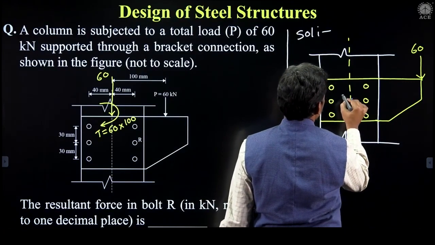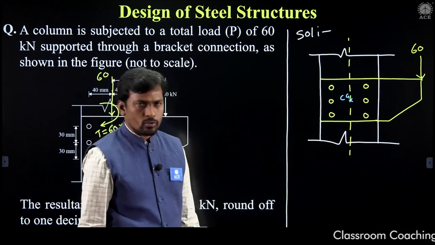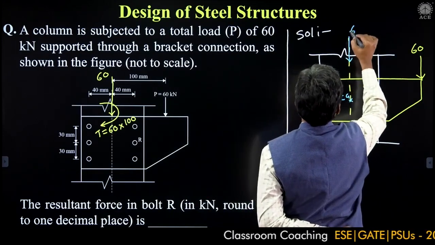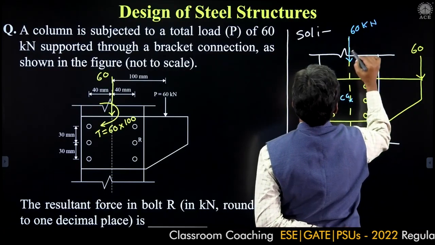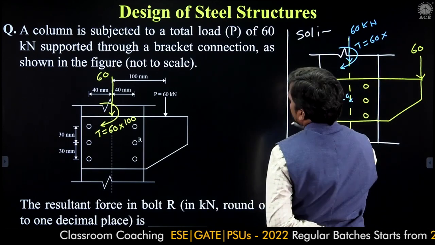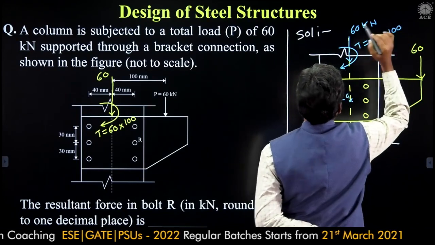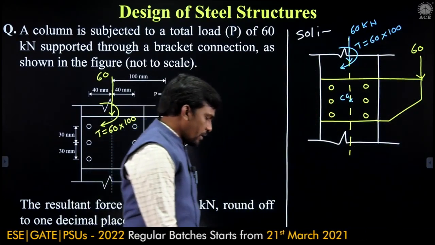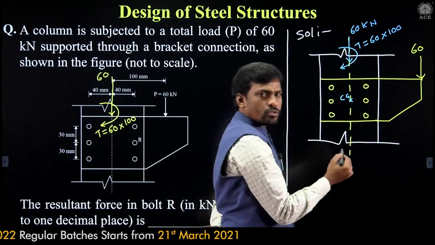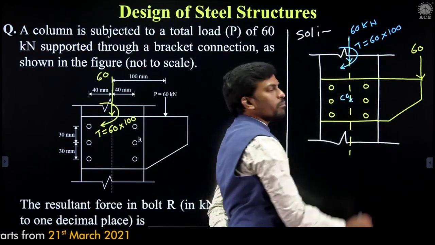Now this is the CG of the bolted group, the center of gravity of the bolted group. Then there is a direct load of 60 kilonewton, and there is a twisting moment of 60 into the eccentricity given from the load to the center of gravity, 100 mm. Now the bolt is subjected to shear force due to direct load P and shear force due to twisting moment, two forces.